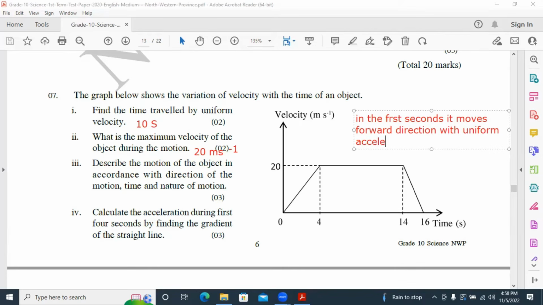In the next 10 seconds it moves with uniform velocity.